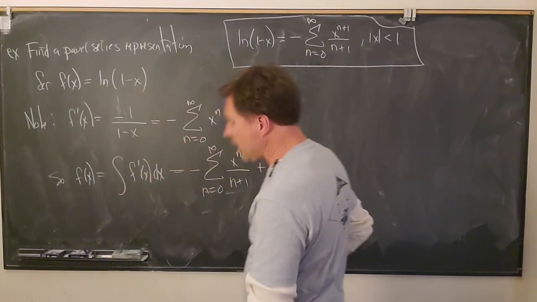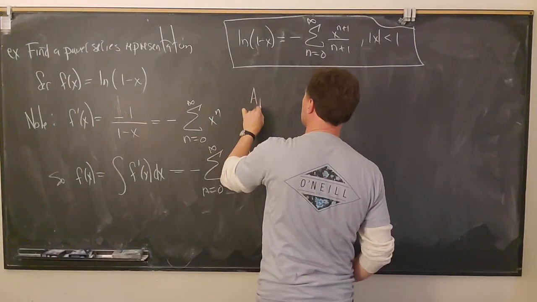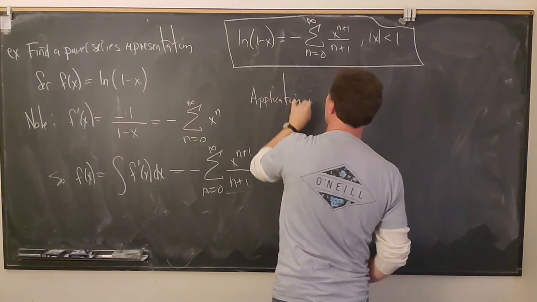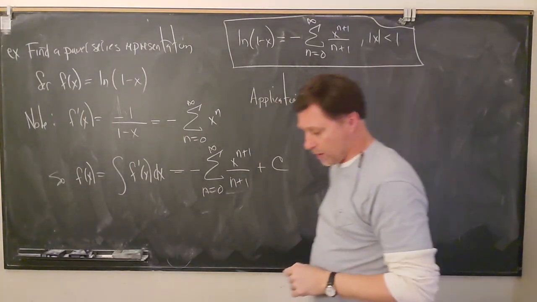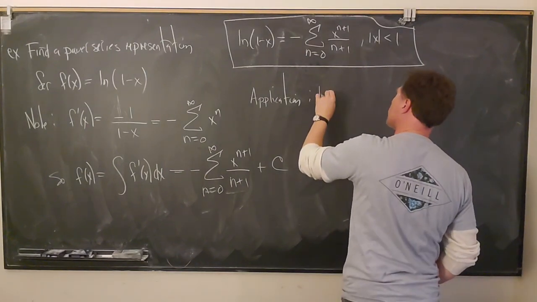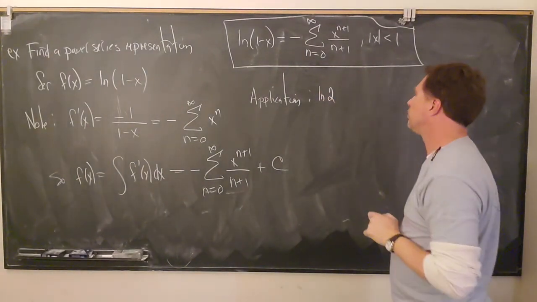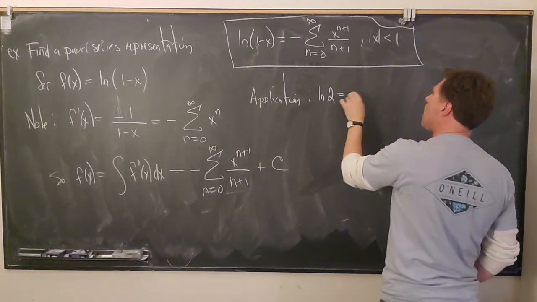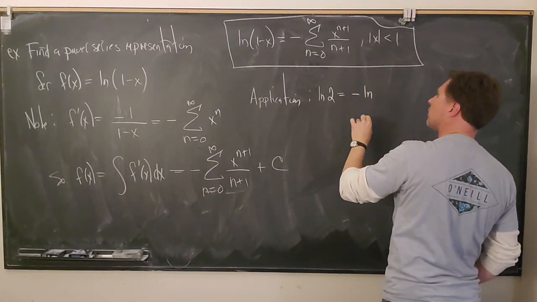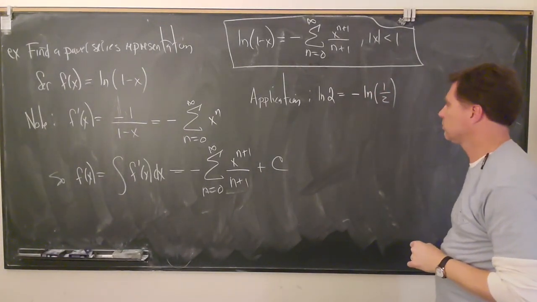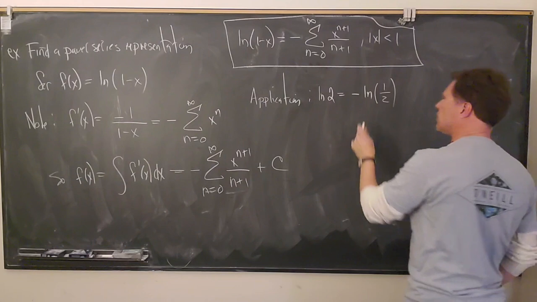Now as an application, check this out. Let's look at natural log of 2, which is equal to negative natural log of 1/2, just using a rule of logs.